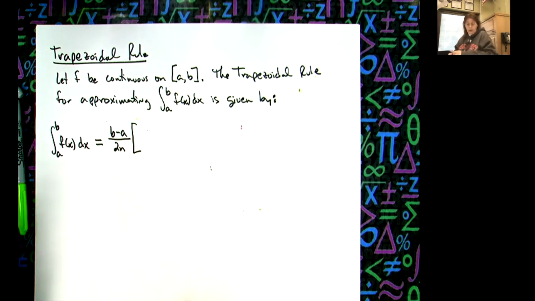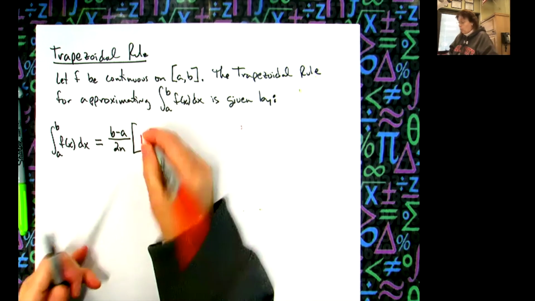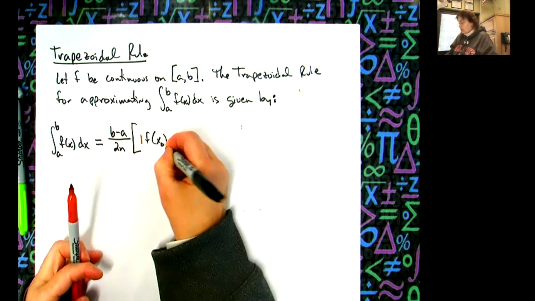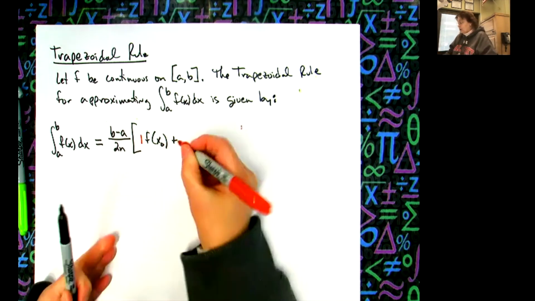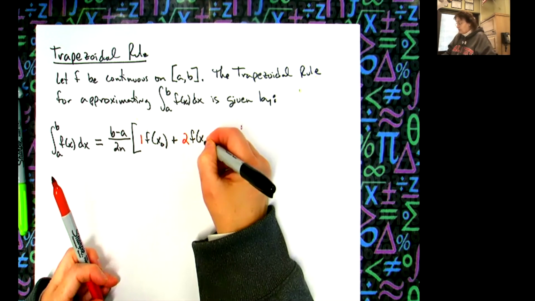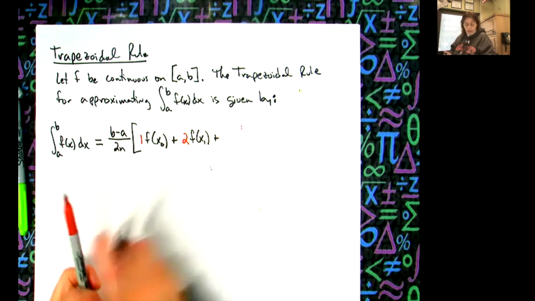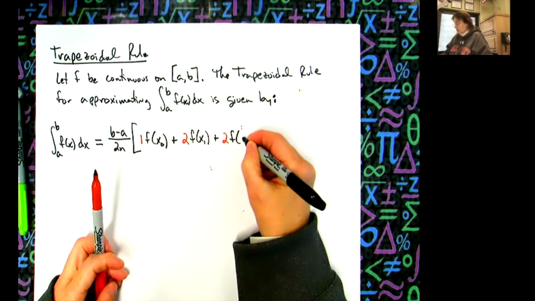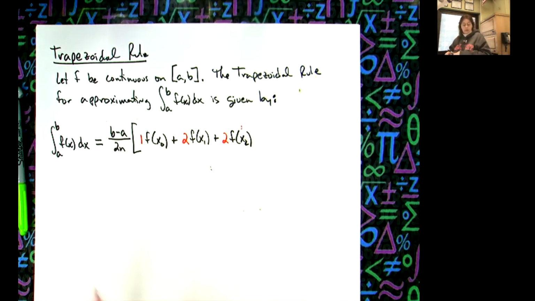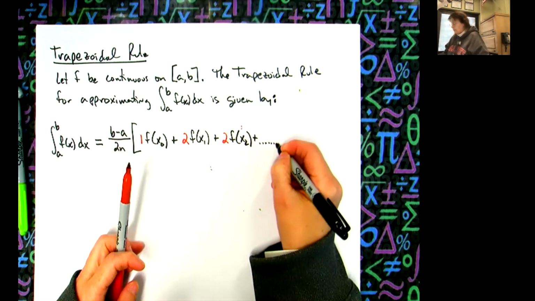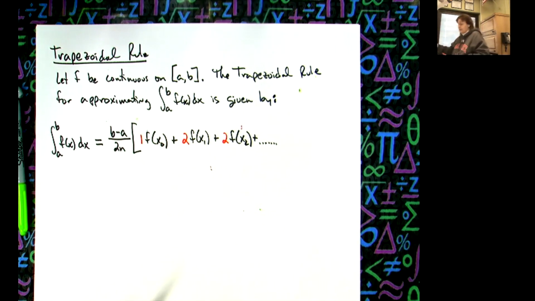times, now I'm going to color code this, and hopefully this is going to stand out on why I'm color coding this, a 1 times f of x sub 0 plus 2 times f of x sub 1 plus 2 f of x sub 2, plus... Now I'm not going to keep going here because we could go forever until we get to the end.